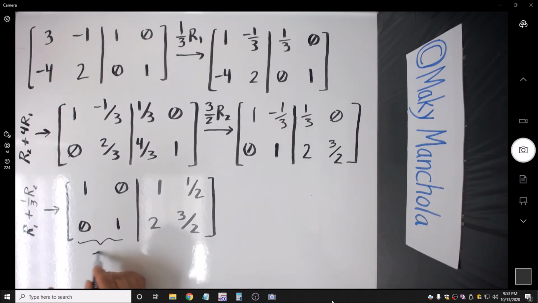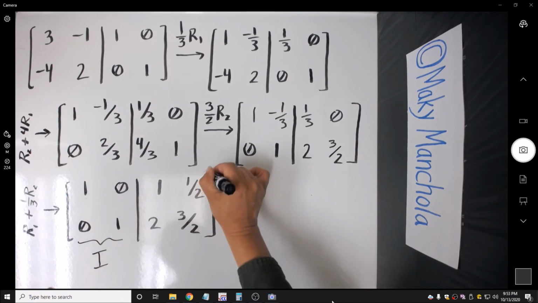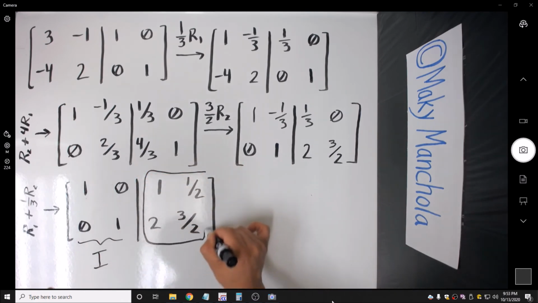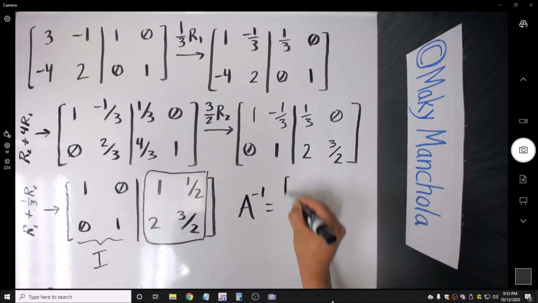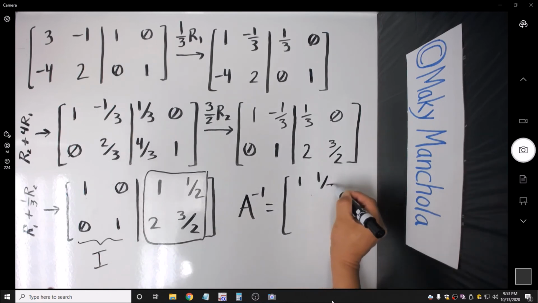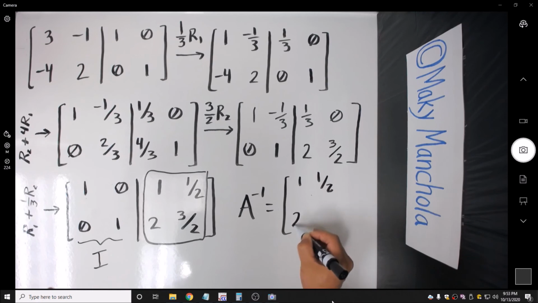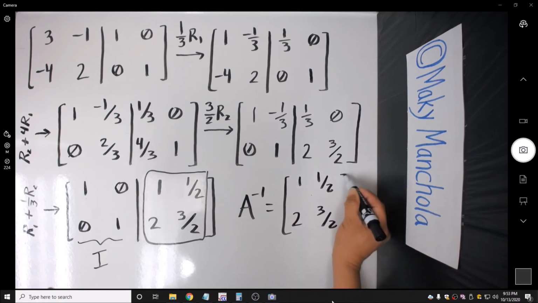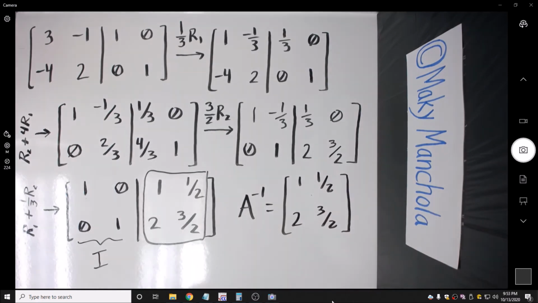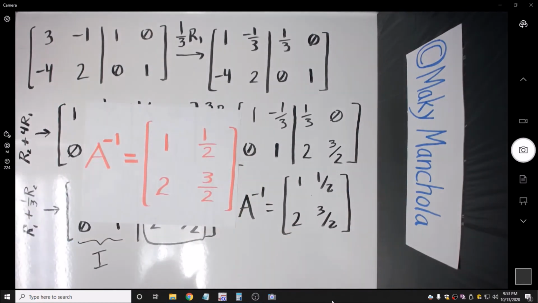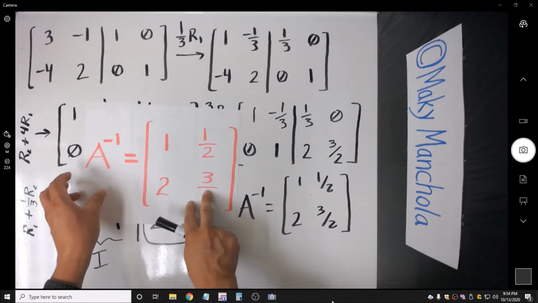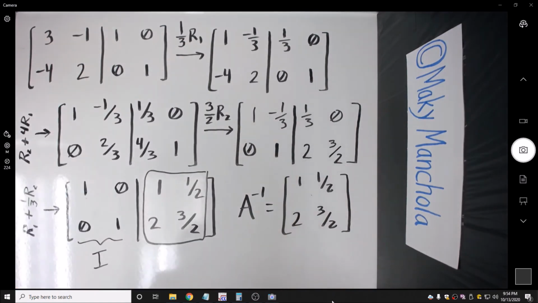And we also get what we were looking for, the inverse of A. To confirm that there were no errors, I had worked this previously, and our answer is correct. Okay, that's all for this video.